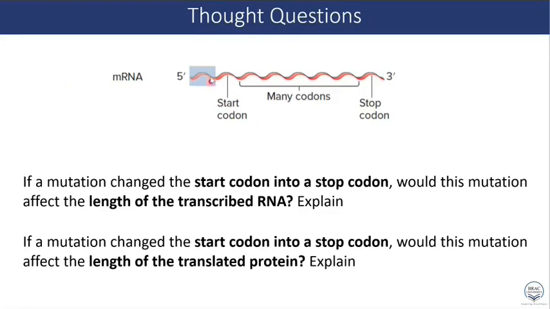There is no start codon, so when the ribosome is there and the transfer RNA comes, it will detect the stop codon. There will be no adding of amino acids, so there will be no protein. A shorter version will not be there either. That means there will be no protein of that gene.